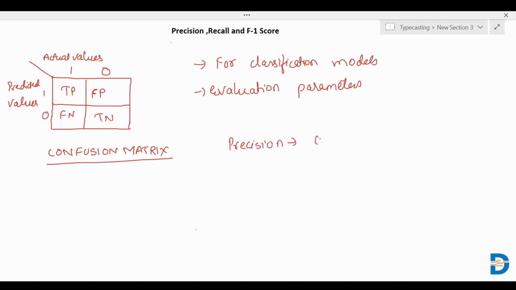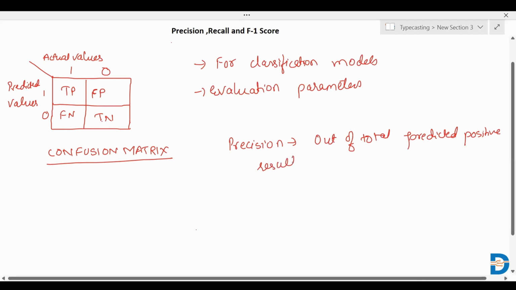Precision is, out of total predicted positive results, how many results were actually positive?